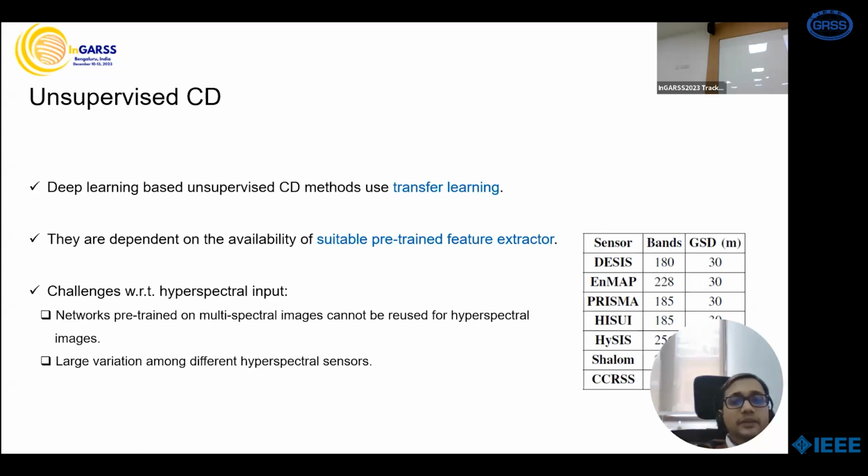This is because networks trained on multispectral images cannot be reused for hyperspectral images. Furthermore, even if we have a pretrained model for one hyperspectral sensor, as we can see in the table on the right side of this slide, this cannot be adapted trivially for another hyperspectral sensor due to the large variation in band configuration among different hyperspectral sensors.